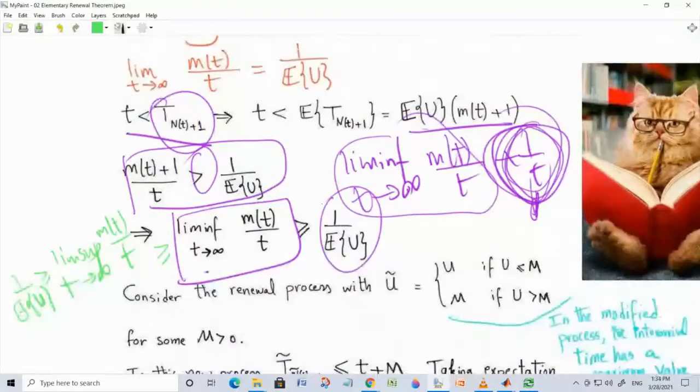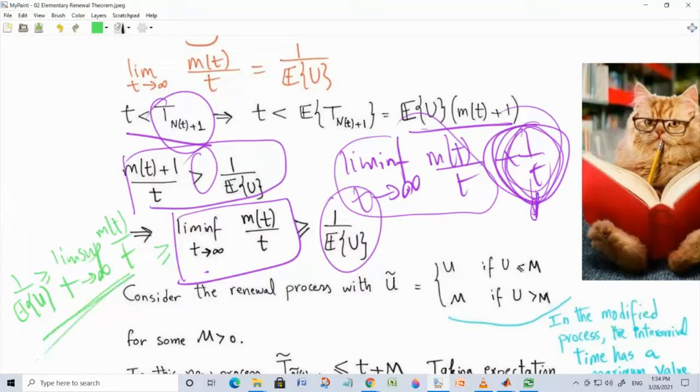Okay, so again, it's a bounding game. You say the limit infimum is greater than or equal to something, then from analysis, the limit infimum is always less than or equal to the limit supremum, and then if you show that the limit supremum is less than or equal to the same limit, which is a lower bound on the limit infimum, then basically everything is equal.